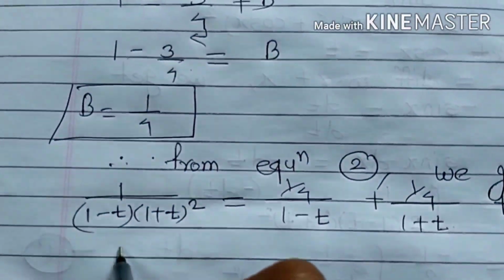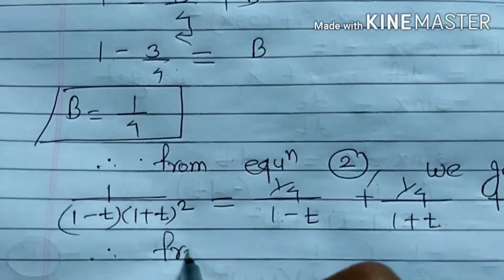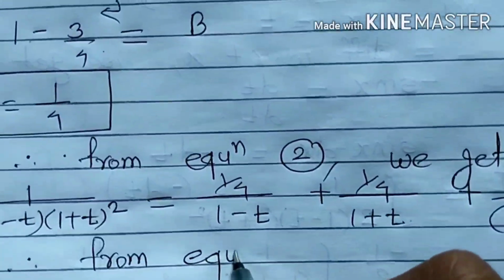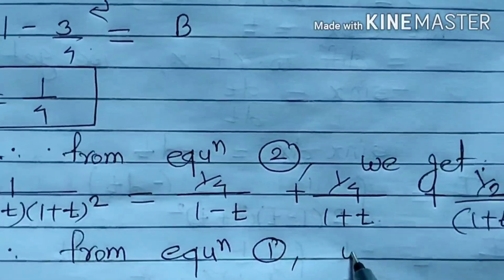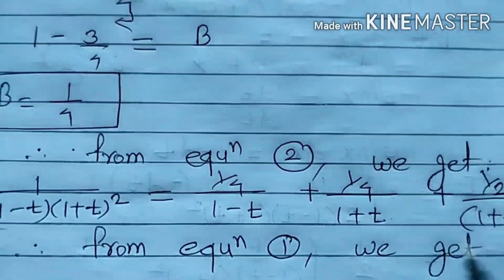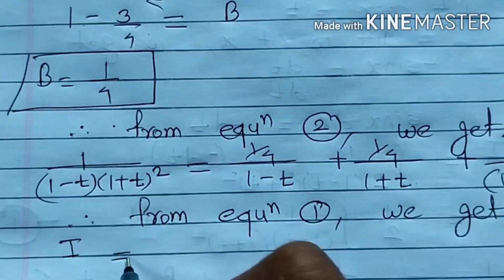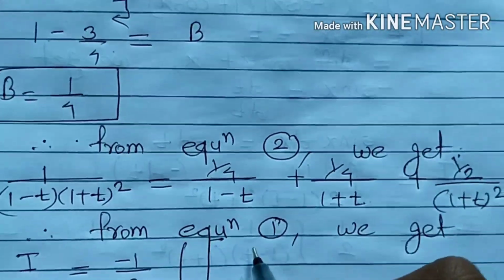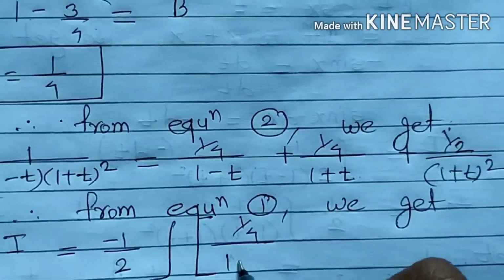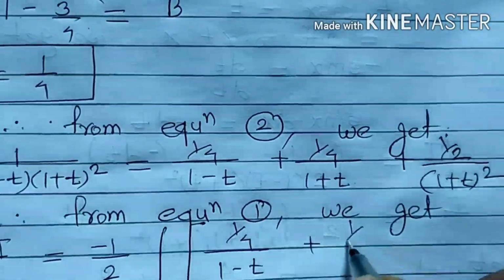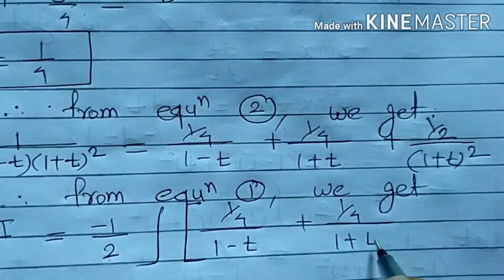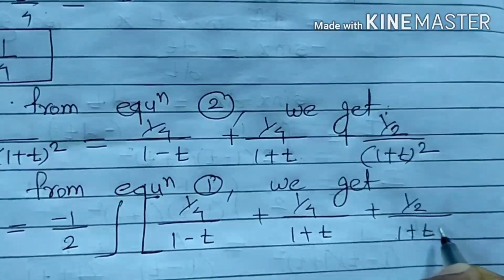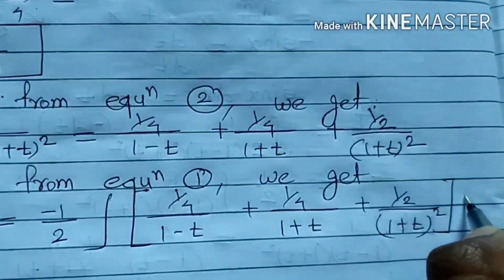From equation first, we get I is equal to minus 1 by 2 integration of, using this value, 1 by 4 (1 minus t) plus 1 by 4 (1 plus t) plus 1 by 2 (1 plus t) square dt.